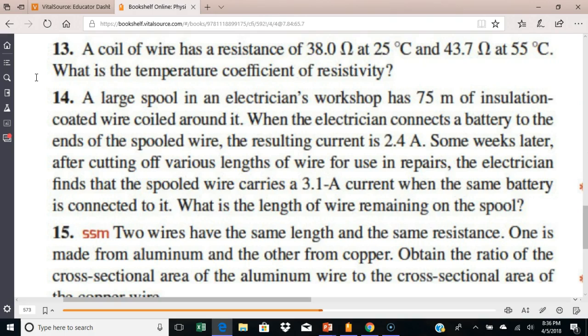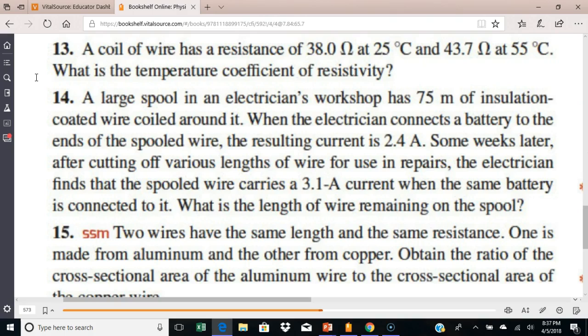Resistance according to Ohm's law is voltage divided by current, so V over I on the left-hand side, and rho L over A on the right-hand side. Voltage is the same because you're using the same battery. Resistivity is the same because it's the same wire, and the area of the wire is the same.